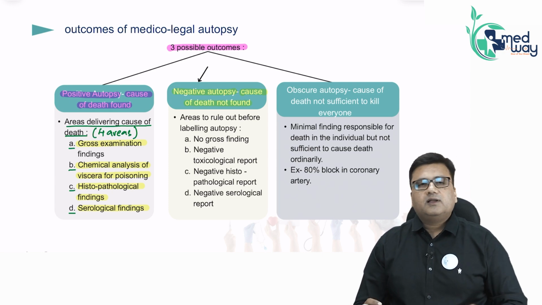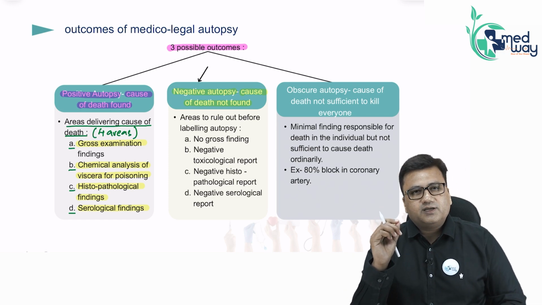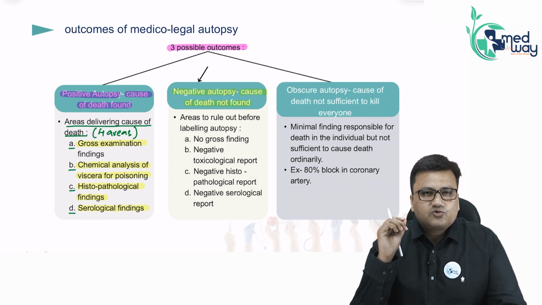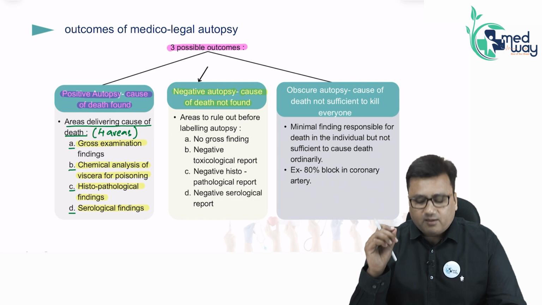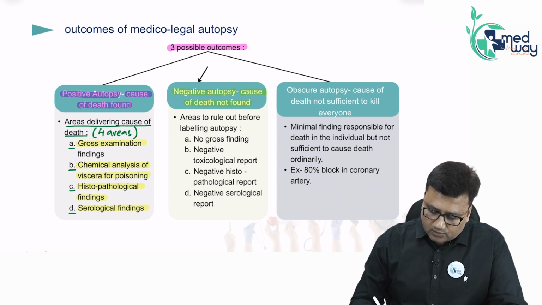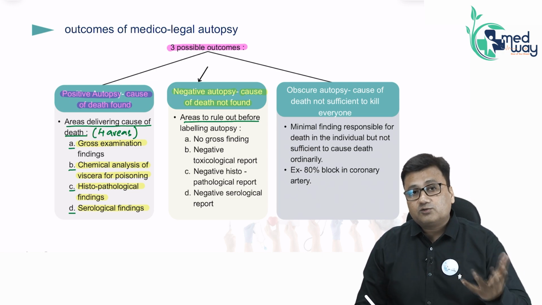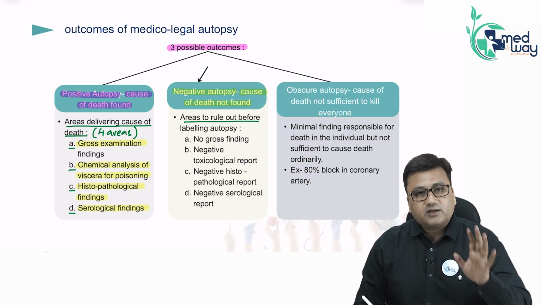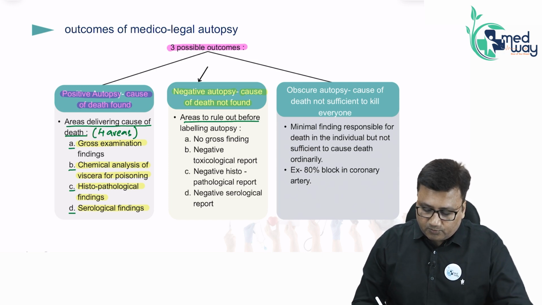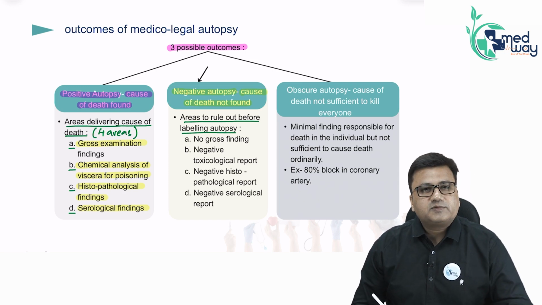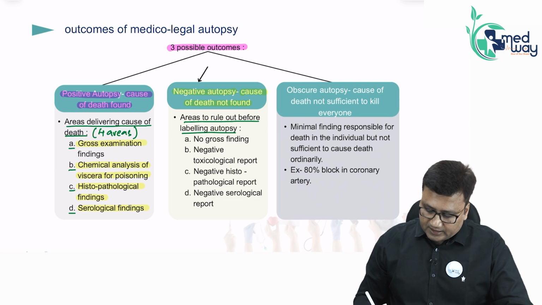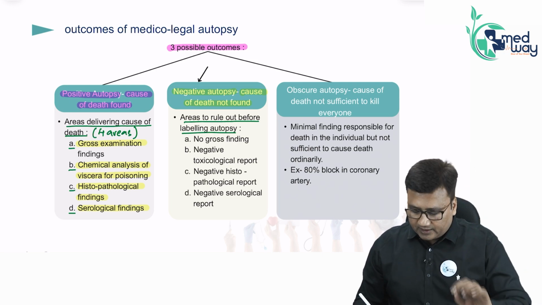Now, for a negative autopsy to be truly negative, we have to rule out 4 possibilities. And what are those 4 possibilities? What are the areas to be ruled out before labeling the autopsy as negative autopsy? We have seen those 4 possibilities earlier also.